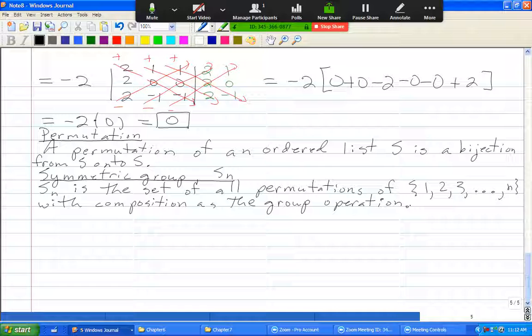So all it means is that you just keep changing the order of all of these numbers 1 through n.